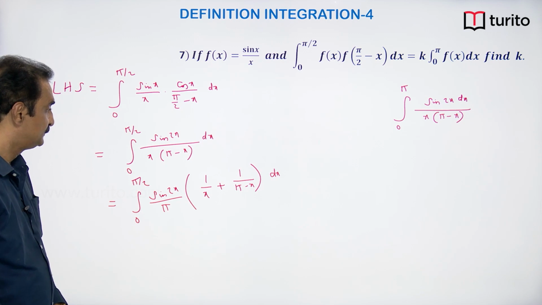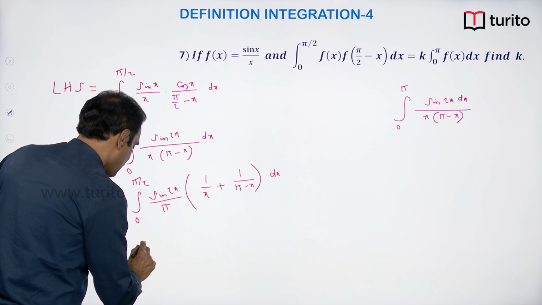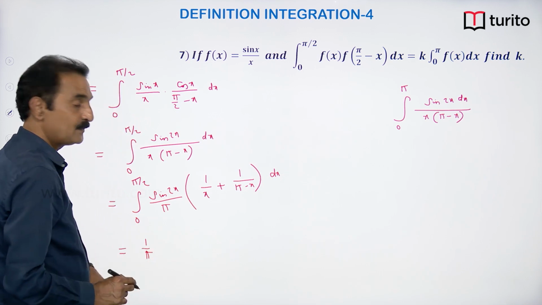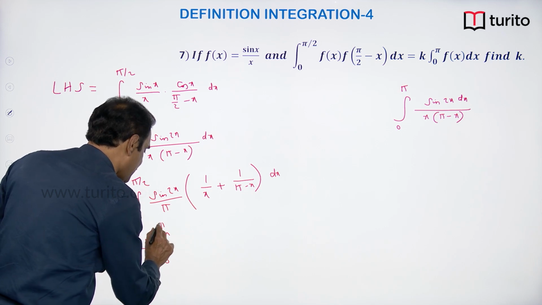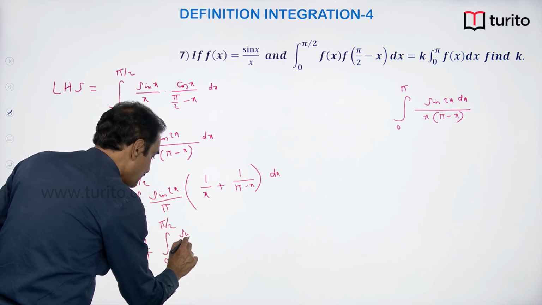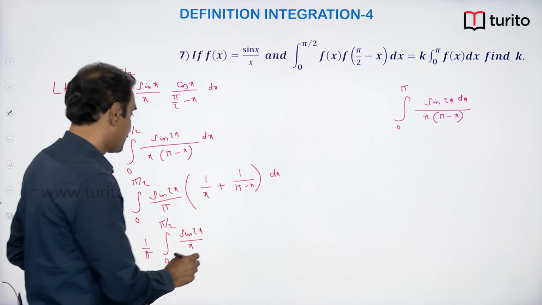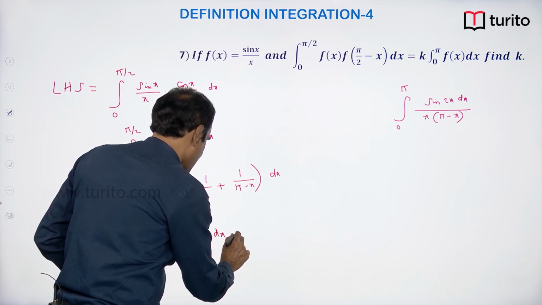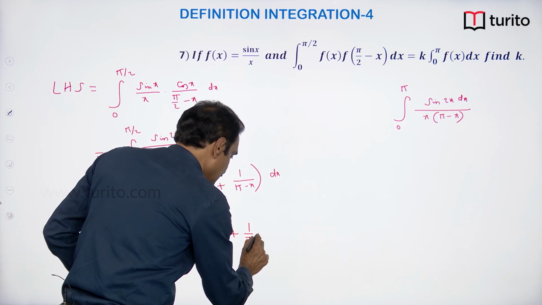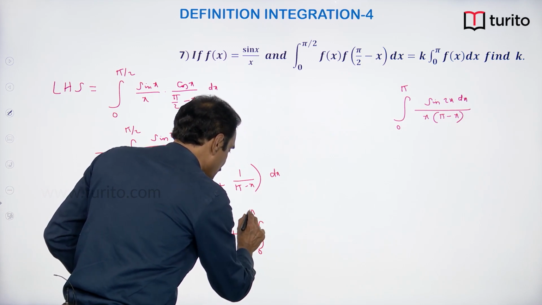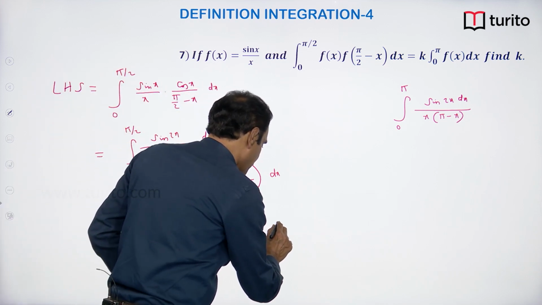Okay. Now take out that pi: 1 by pi into, I will write separate integrals, integral 0 to pi by 2 sin 2x by x dx plus again 1 by pi into integral 0 to pi by 2 sin 2x by pi minus x.